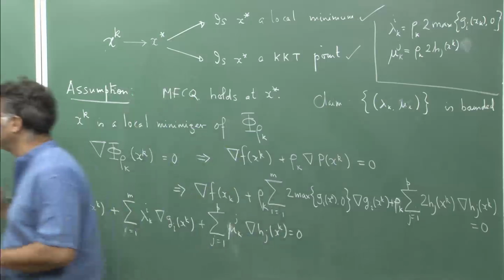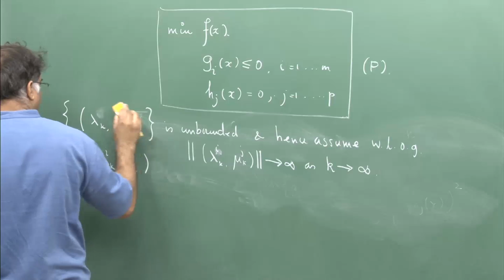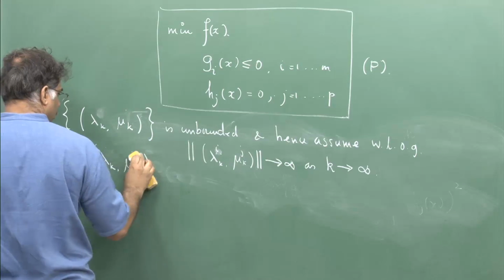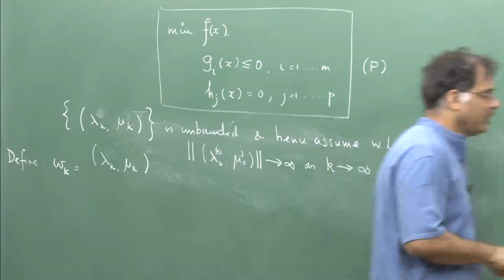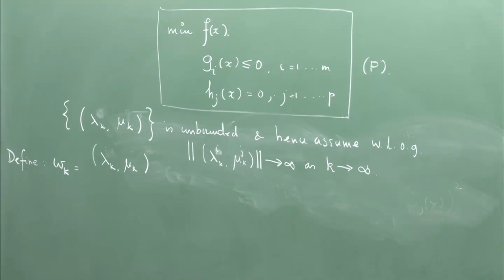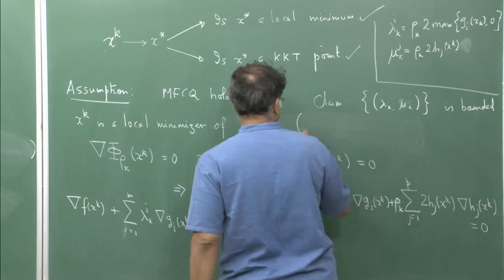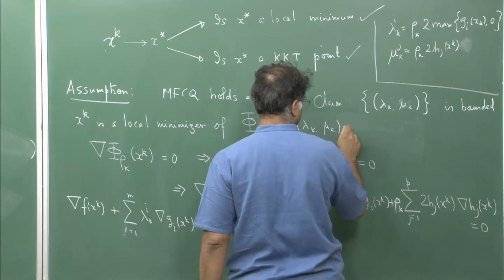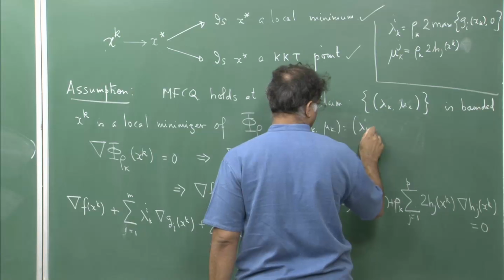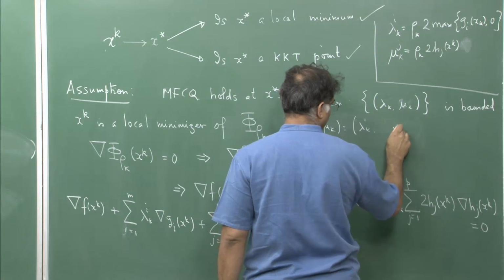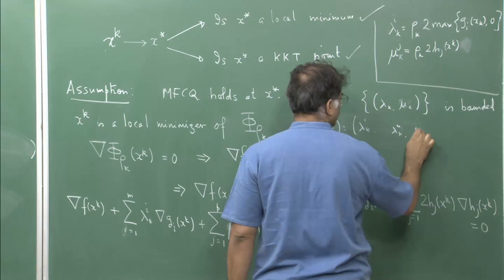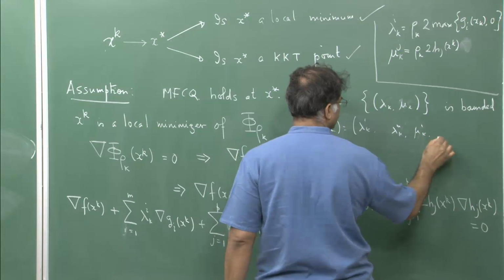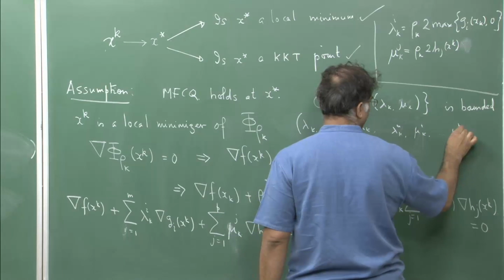Let me see, that is much better, and I'll make the symbolism much better, because what I mean here is that lambda k mu k is lambda 1k, ..., lambda mk, mu 1k, ..., mu pk.